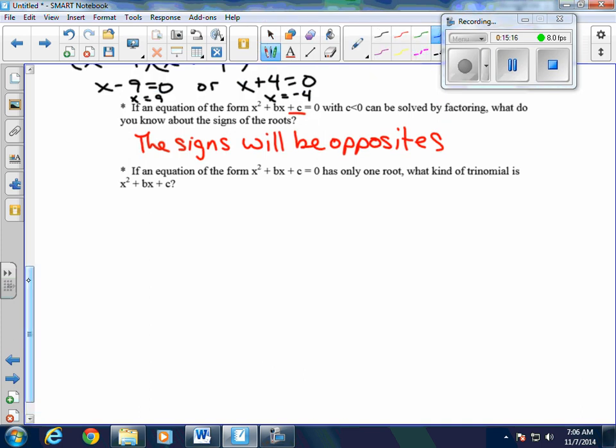The second bulleted statement here says if an equation of the form x squared plus bx plus c equals 0 has only one root, what kind of trinomial is x squared plus bx plus c? Well, the only ones that we saw that are only going to have one root will be if this is a perfect square trinomial.